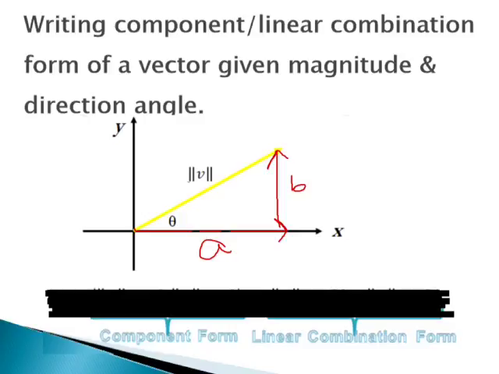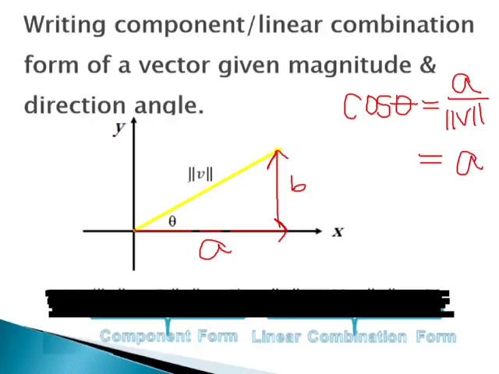To solve for a, we could use the cosine function. We know that the cosine of theta is adjacent over magnitude. So essentially, our horizontal component a is the same thing as multiplying the magnitude times the cosine of the angle.